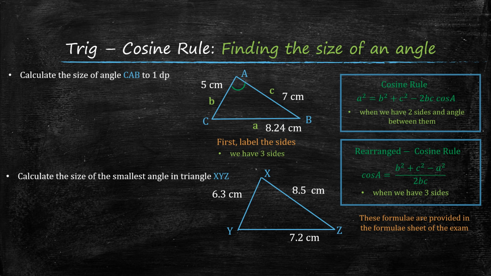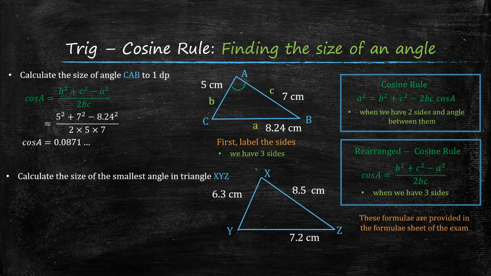From the diagram, we can see that we have 3 sides, so we can use the rearranged cosine rule to calculate the size of angle A. Cos A equals B squared plus C squared minus A squared over 2BC. Plugging in our values, we have cos A equals 5 squared plus 7 squared minus 8.24 squared over 2 times 5 times 7.